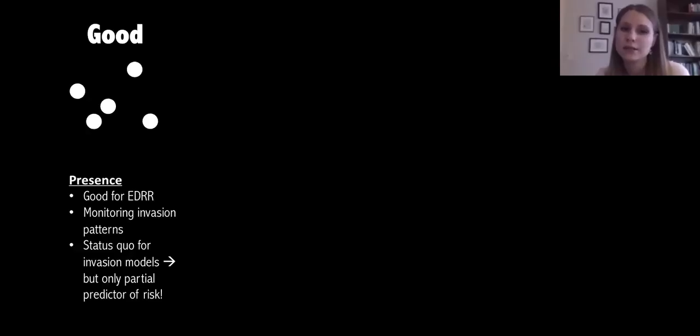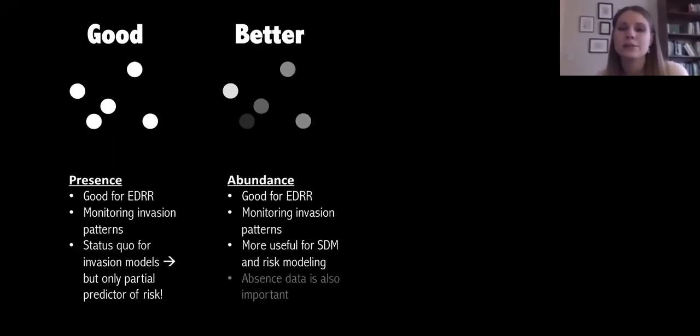And so while presence data is good, it's much better for us if data is recorded in terms of abundance. Abundance being not just whether something's in a place, but how much: how many individuals, how many stems, how much cover is in a given location. This is, again, a kind of point data set, but because we have information on how many, the data becomes much more useful for species distribution and risk modeling.